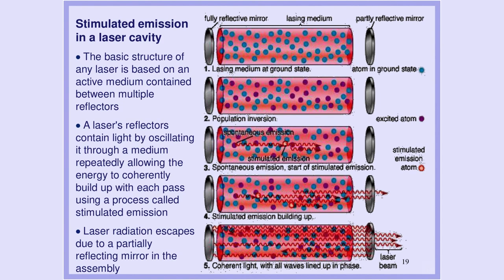The build-up continues after total reflection from the fully reflective mirror. At diagram 5, it is shown that 1% of the very large number of photons present escape through the partly reflective mirror.